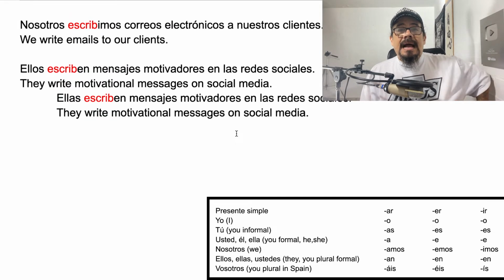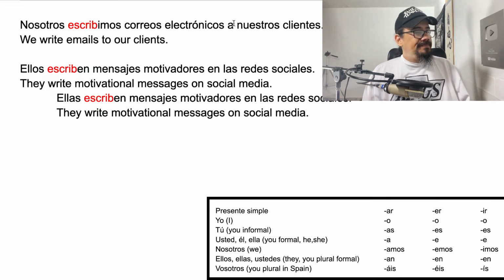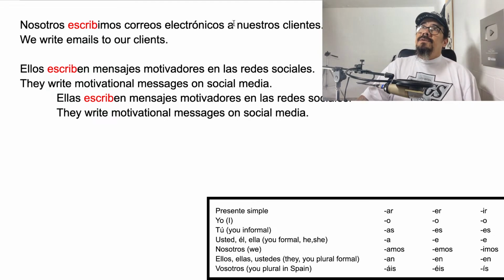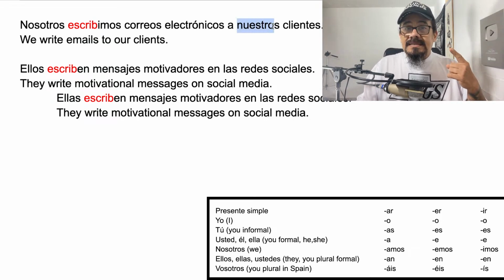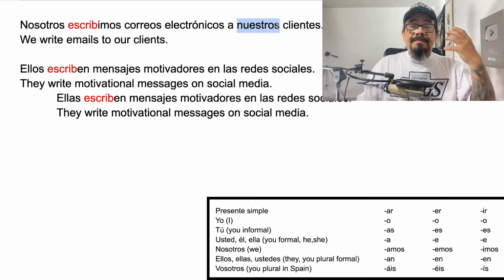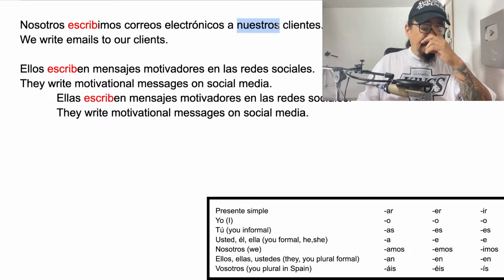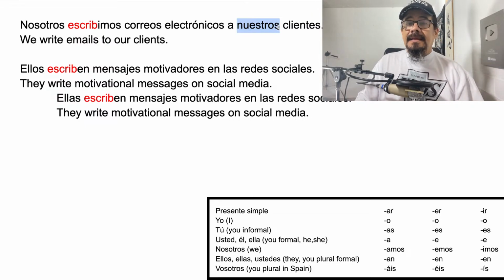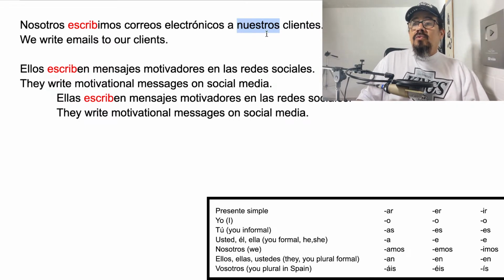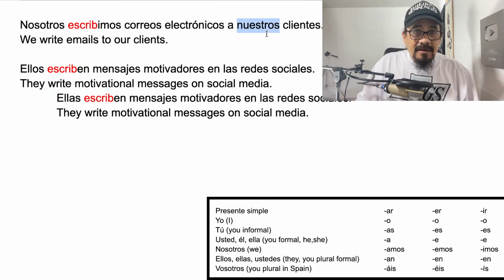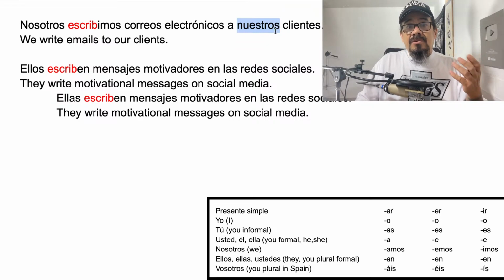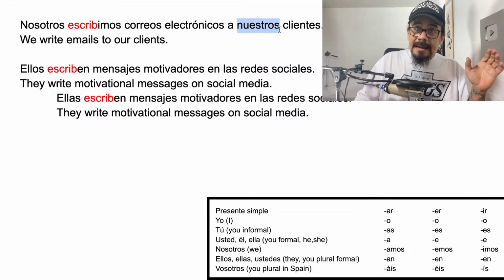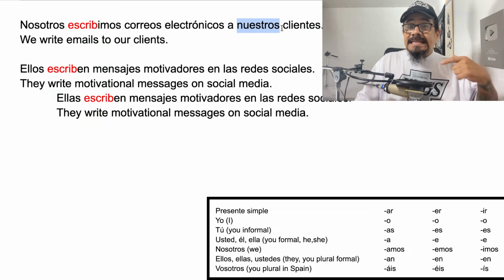One thing. A nuestros clientes. Spanish is with this thing of, well, it's kind of complicated now, but in Spanish, when we say nuestros, we mean both male and female. Some people get offended by it and they say, no, you should say nuestros. That's so crazy. I don't understand why. And if the customers or clients were only women, female, we would say nuestras clientes.